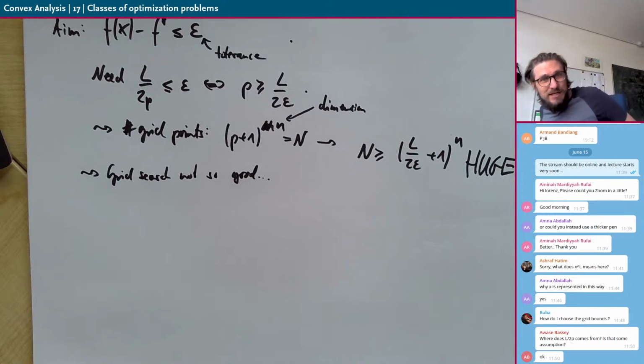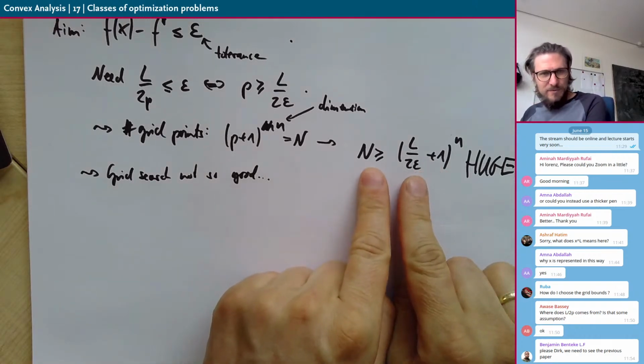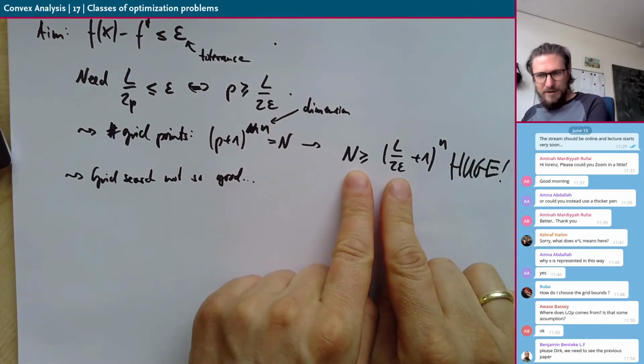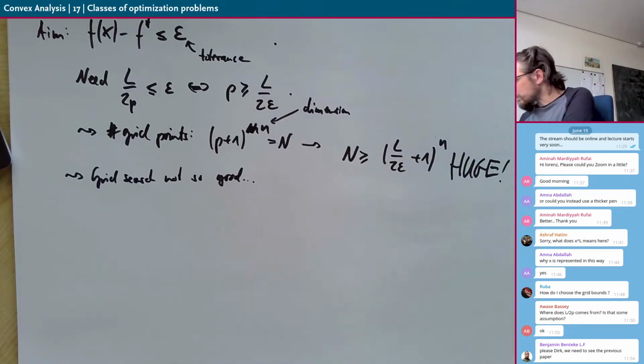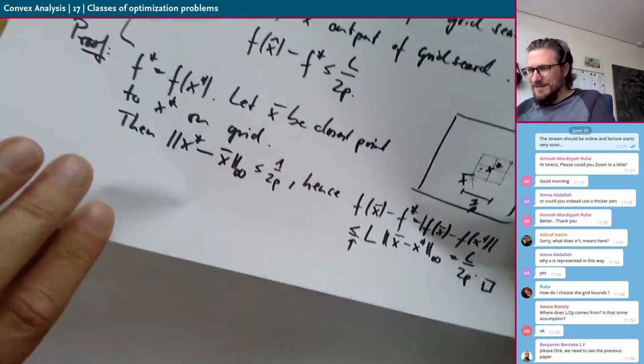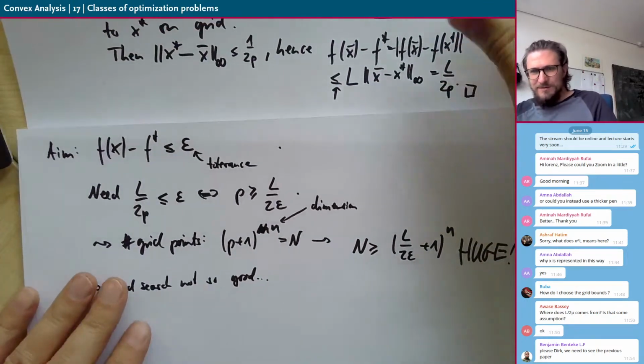Okay, but is there any better method? This was one way to analyze the problem. We had fixed our problem class, and we have come up with an algorithm which is able to produce a solution of accuracy epsilon with this number of calls to our oracle.